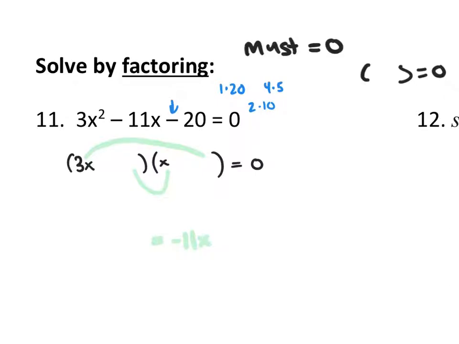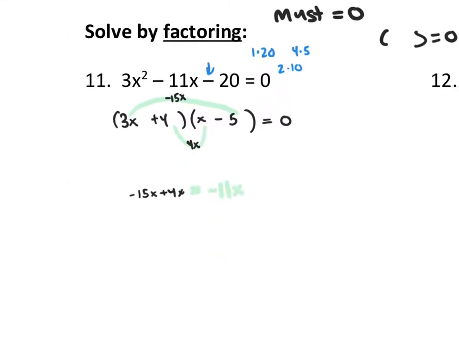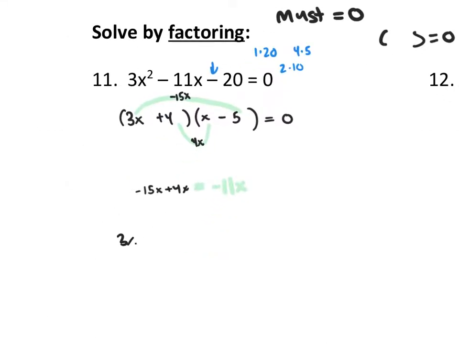And when you check through enough, and you may miss some, you'll recognize that it's this combination. Because 3x times negative 5 is negative 15x. 4 times x is a 4x. Negative 15x plus 4x does give me a negative 11x. So that's the correct factorization.